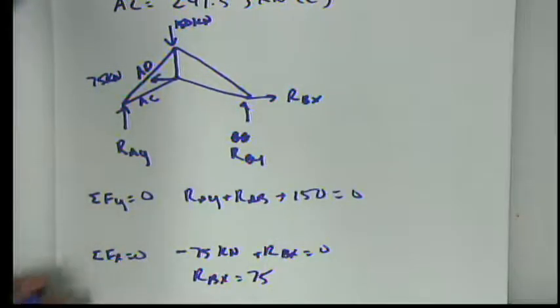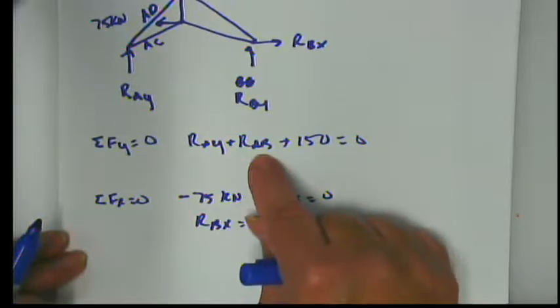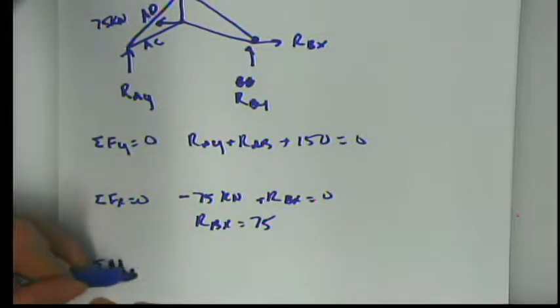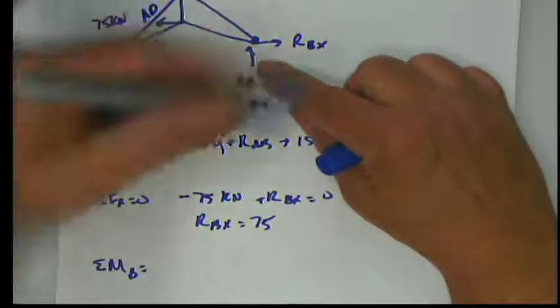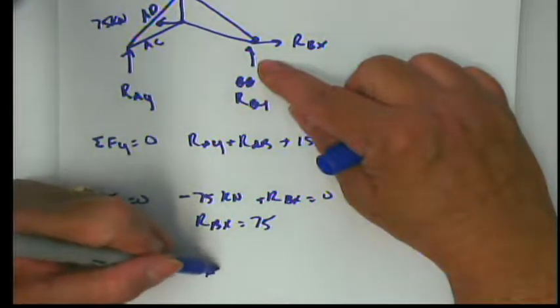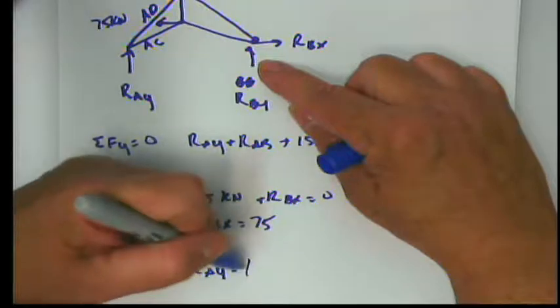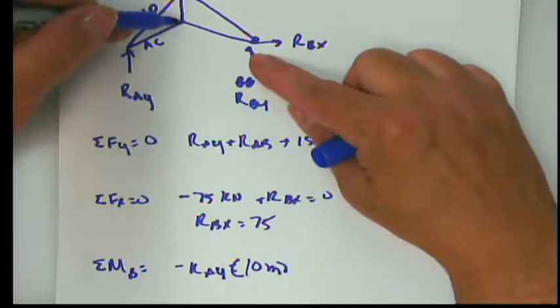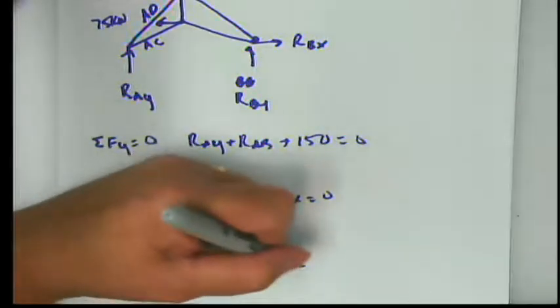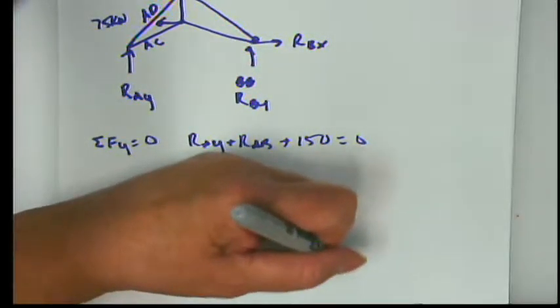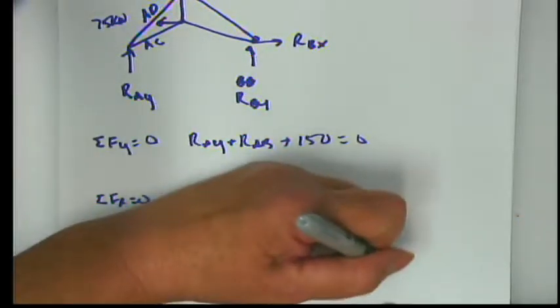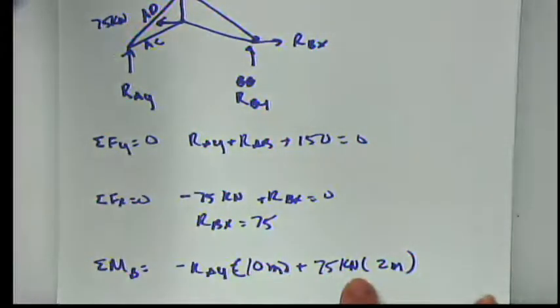So how are we going to find RAY? The easiest way would be to sum moments about point B. And so we can say negative RAY times 10 meters. Then this 75 would be counterclockwise. 75 kilonewtons times, here we'll use the vertical distance, which is 2 meters.